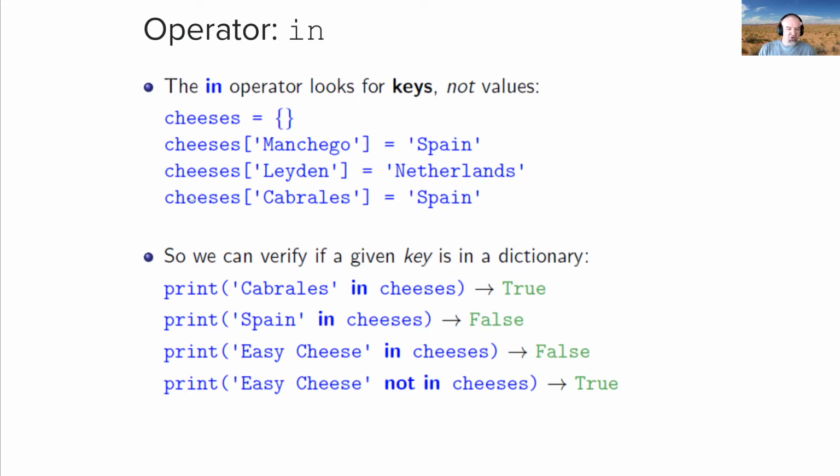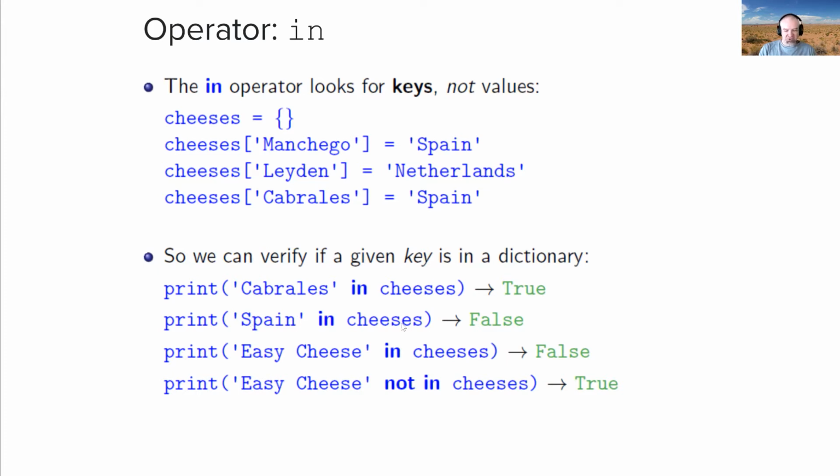So if we have a dictionary for cheeses with these three key value pairs, Manchego, Spain, Leiden, Netherlands, and Cabrales, Spain, then if we check Cabrales in cheeses, as I just said, the operator in looks at the keys, not the values. The keys are Manchego, Leiden, Cabrales. So Cabrales is within the keys of the dictionary, so that will evaluate to true.